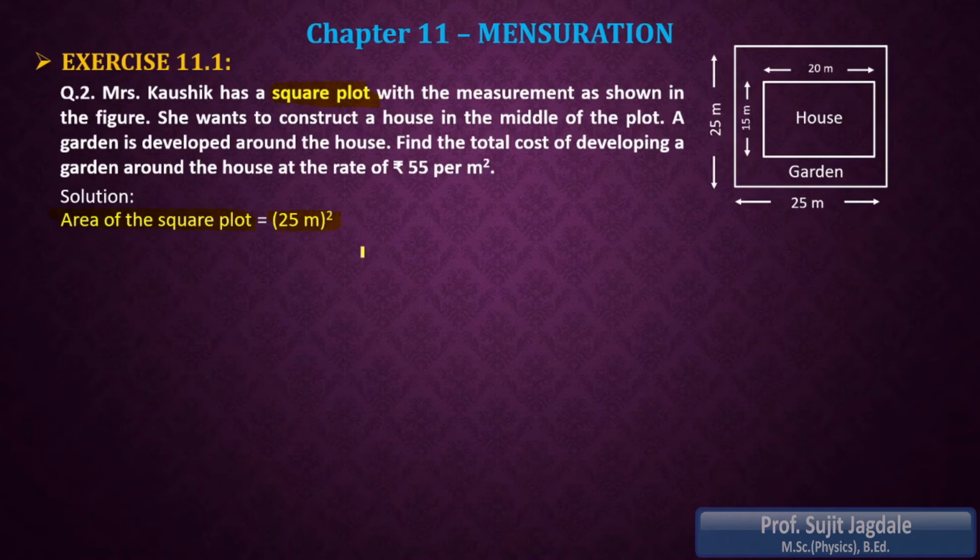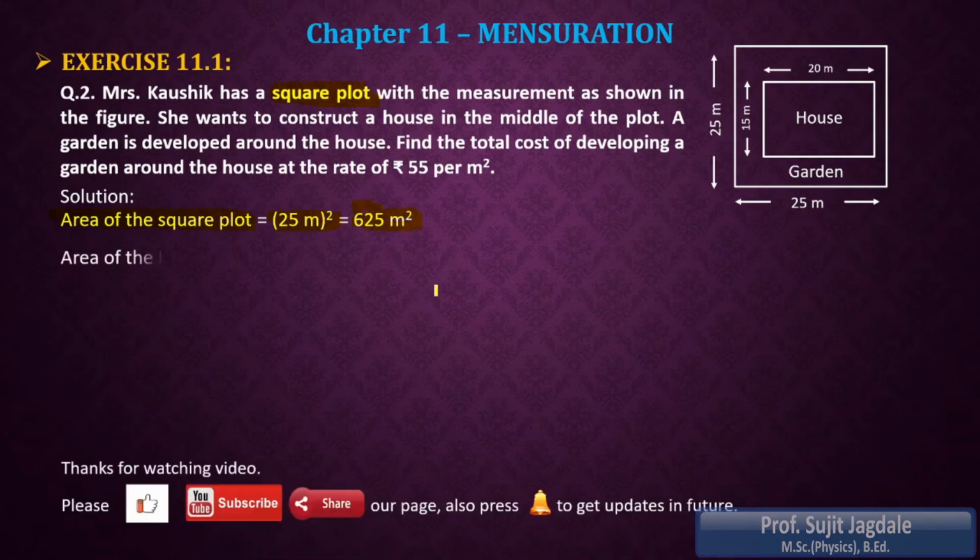Taking the product of 25 into 25, which will be 625 meter square.